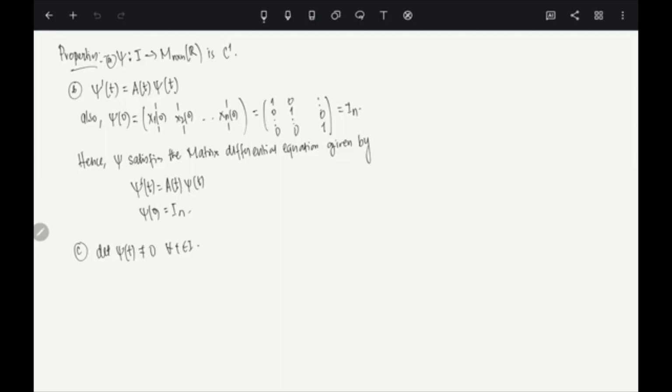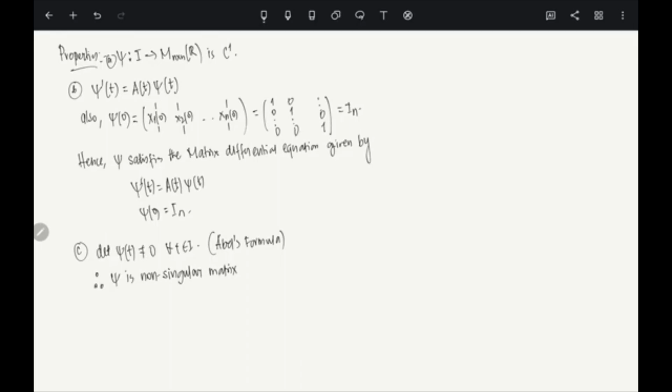So the determinant of phi of t is non-zero, which means phi is non-singular. What are we using here? We are using Abel's formula. You have to check this part out.